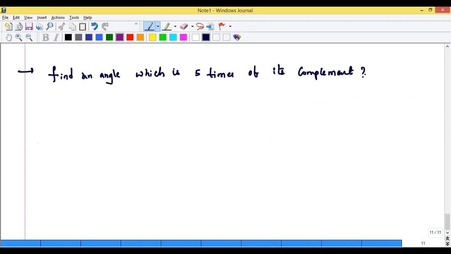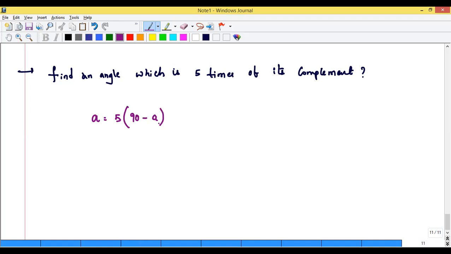Can anyone tell me an angle which is 5 times its complement? What is the answer? See, I'll take an angle. Let the angle be A. I want this to be how many times its complement? What is the complement of A?